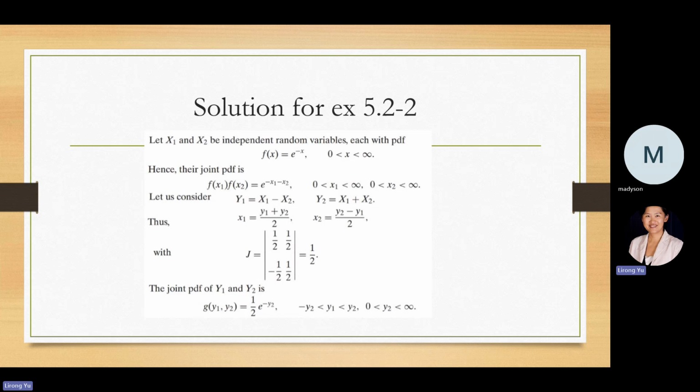I think we talked about this before: the summation of two exponential distributions is a gamma distribution. One exponential distribution represents the waiting time for one occurrence, so two added together means you're waiting for two occurrences, which is the gamma distribution with alpha equal to 2 and theta equal to 1. And theta is the exponential distribution parameter.